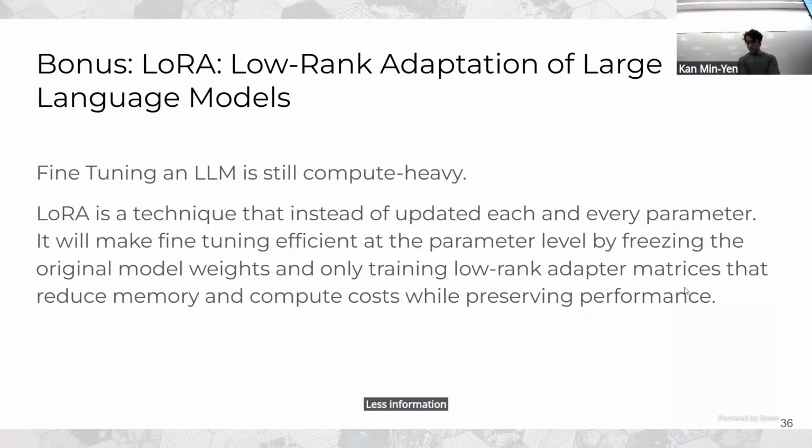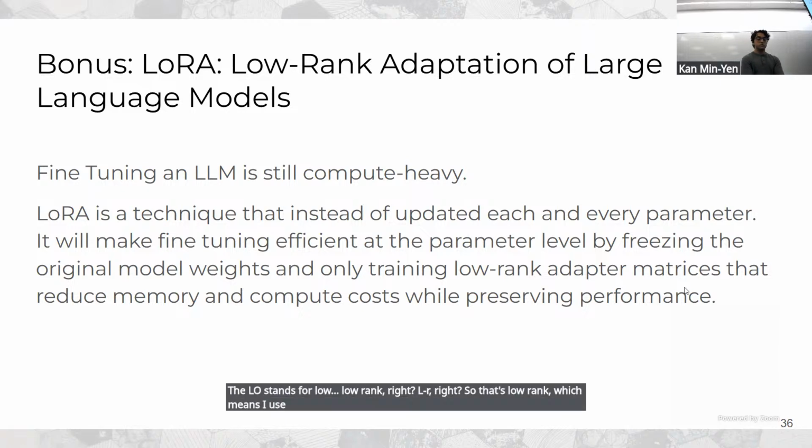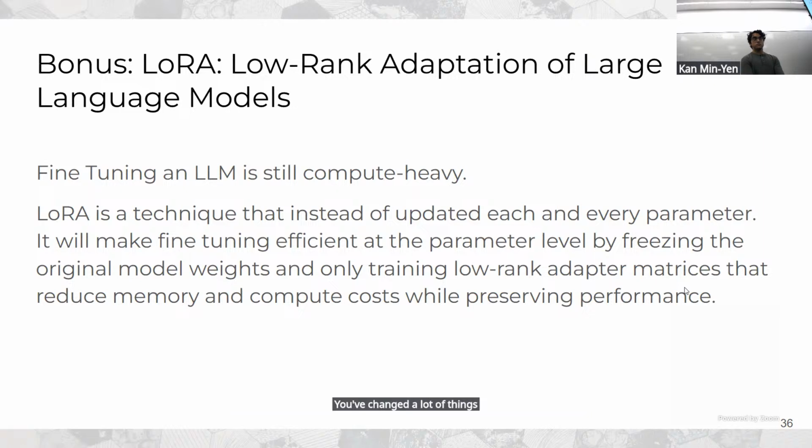That is why LoRa is efficient: the LO stands for low rank, which means I use very few parameters to change a lot of things at once. Does that make sense? So it's like having a master dial for changing a whole bunch of parameters.